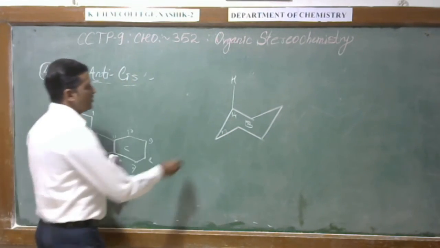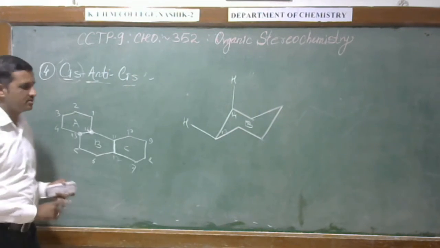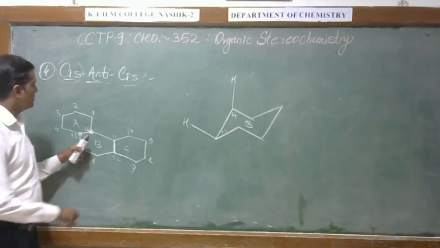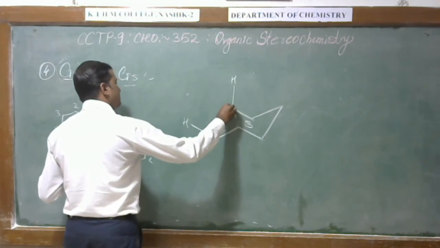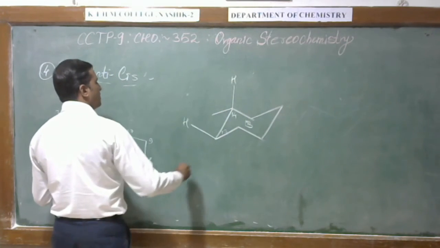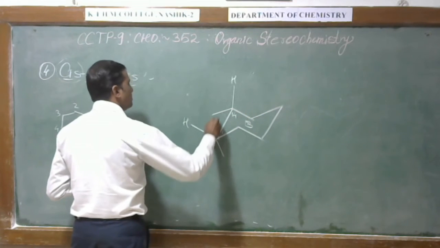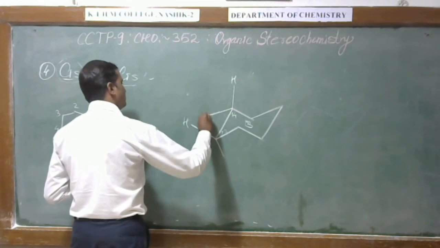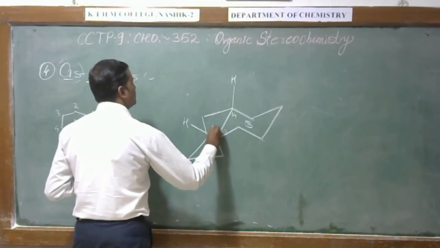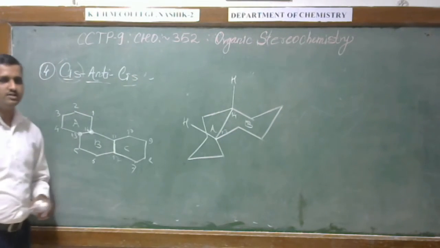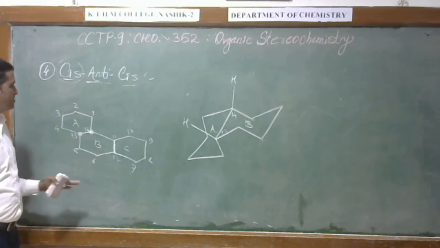Carbon number 13 also has upward direction hydrogen, but it is equatorial, here like this. So remaining position for carbon number 14 for A ring is equatorial position, and for carbon number 13 is the axial position. So such positions when joined together, there is a formation of A ring like this. Cis fusion, A ring fusion is in cis fashion.